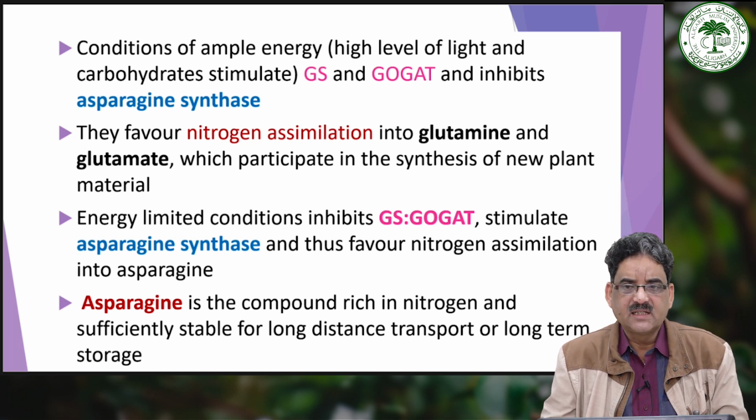So, high energy conditions direct the nitrogen assimilation towards glutamine and glutamate for immediate growth and development, while energy limited conditions prioritize the production of nitrogen rich and stable asparagine for long term storage and transport.